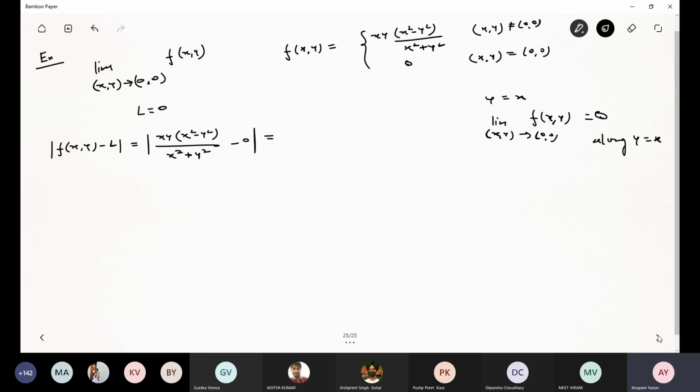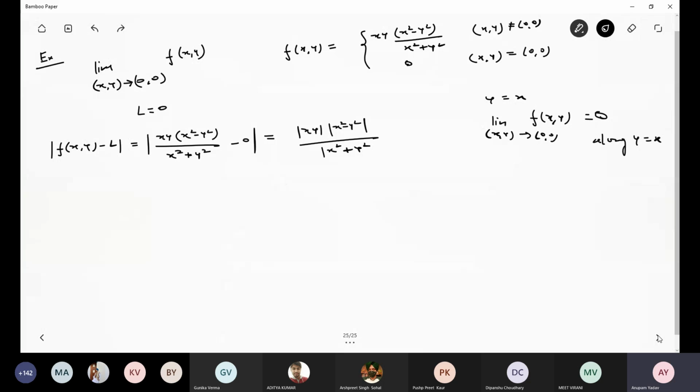Then we can write this like this: mod xy, since the product of individual mods is equal to the mod of the whole, there is no issue. And this we can write as mod (x square minus y square) upon mod (x square plus y square).